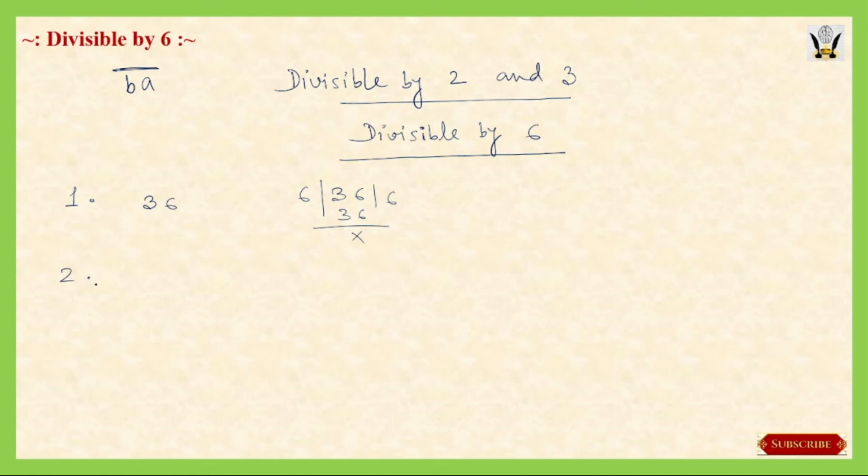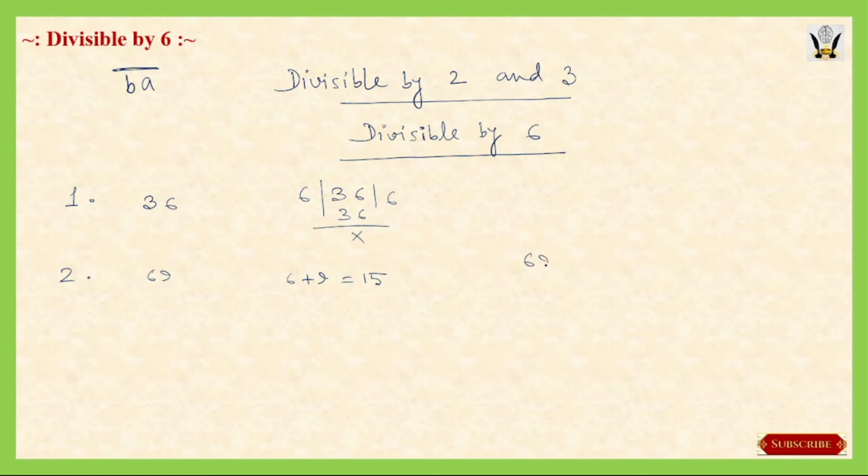Now let's take another example, say 69. Now 69, if we look at the digit at the units place, we have an odd number, 9. So that means this number is not divisible by 2. But if we add these two digits, it becomes 6 plus 9, which means 15. 15 is divisible by 3. So this number is divisible by 3, but at the same time it is not divisible by 2.